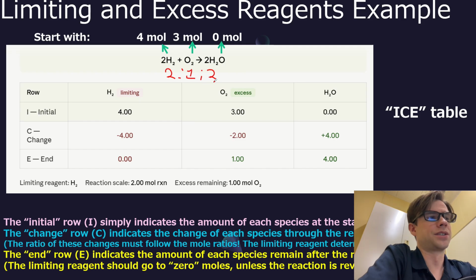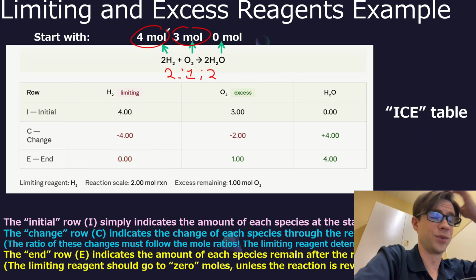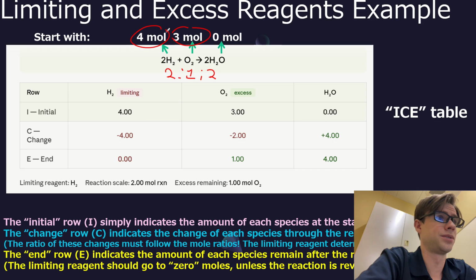And then I'm just saying, let's think of a hypothetical situation, random example, where somebody in the laboratory has 4 moles of H2, 3 moles of O2, and they start with no products, right? That's generally how chemical reactions go. You start with the starting materials and not the products, so 0 moles for that.